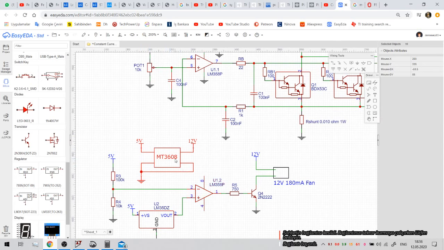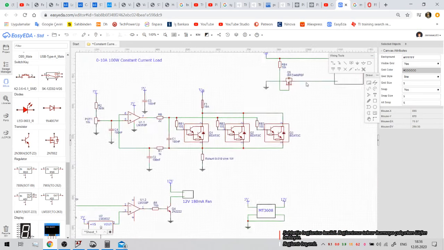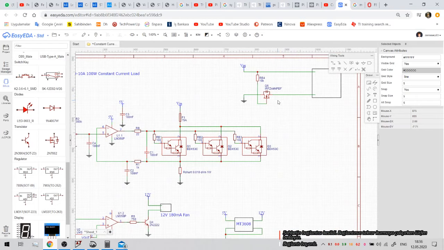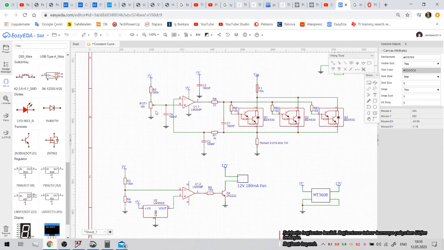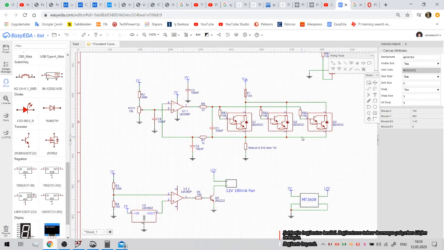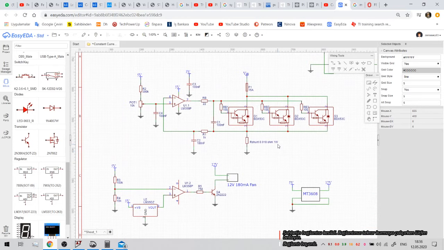Yes, I don't know if we can use it or not, we will see, but basically this will be our connection schematic.